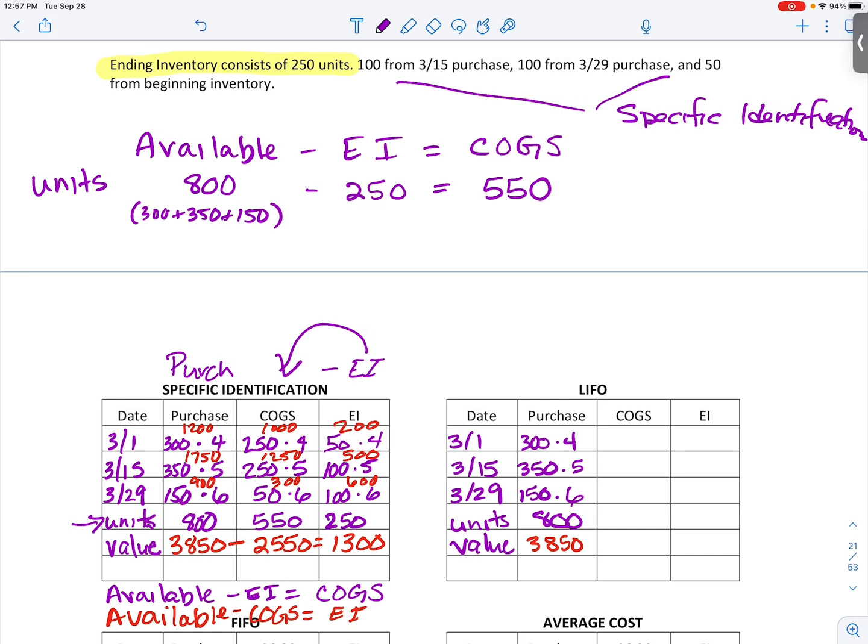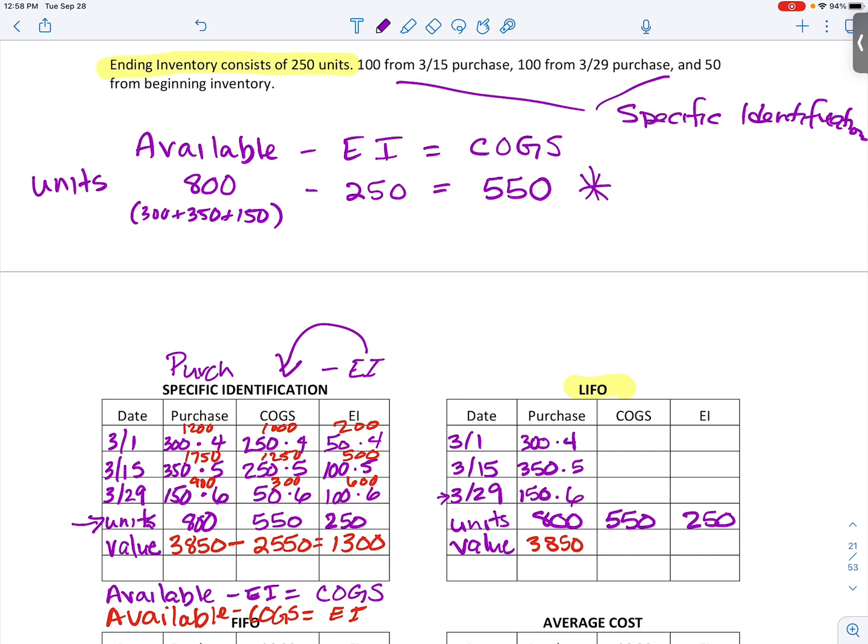I know, because I've already done this up here, that my units that are sold should be 550. My ending inventory should be 250. Last in, first out means whatever I have at the bottom is going to be what I sell first.